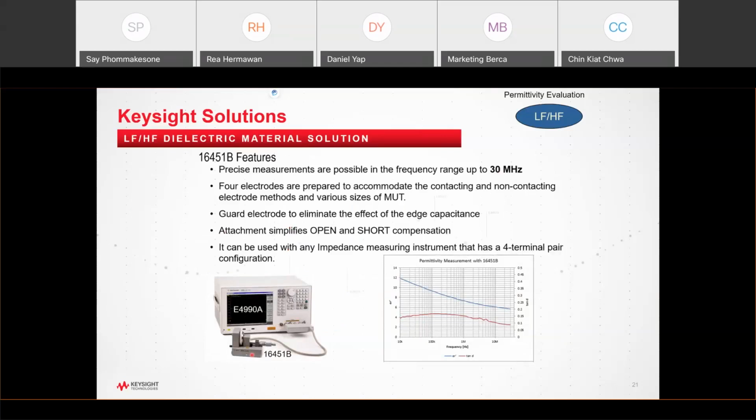Before any measurement is made, it requires some kind of calibration, and our software will control the instrument, in this case an LCR meter, so that it gives you step-by-step instructions.